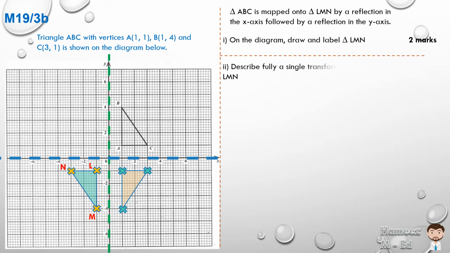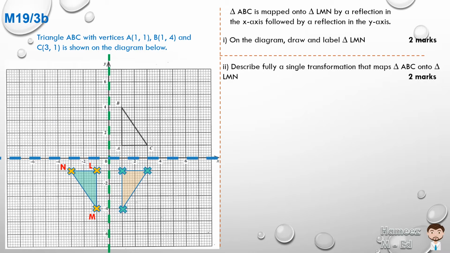Part 2. Describe fully a single transformation that maps triangle ABC onto triangle LMN. So the original triangle ABC, how can we make one transformation for it to end up at the LMN, the blue triangle? So let's look at it. Let's recall that there are 4 types of transformations generally that we use.